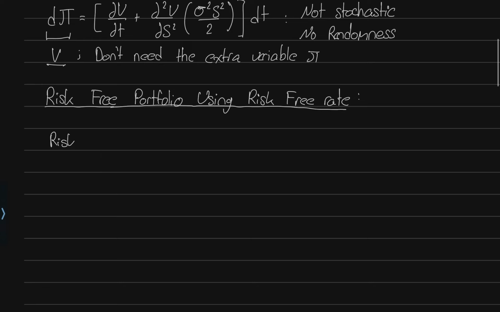Risk-free rate as R. And R is going to be in percentage form. And you can think of this similar to how we had mu as mean returns and sigma as volatility, also in percentage forms.